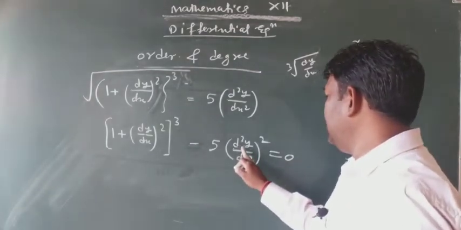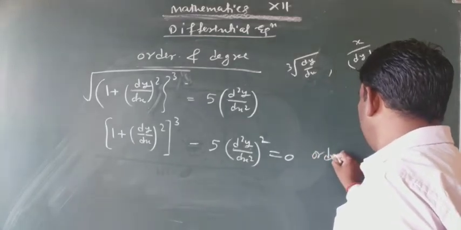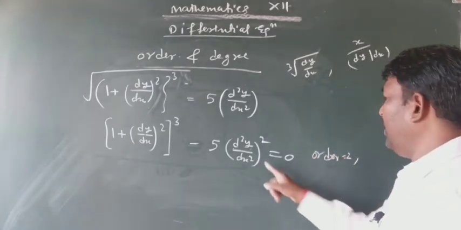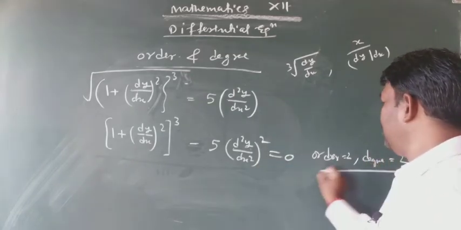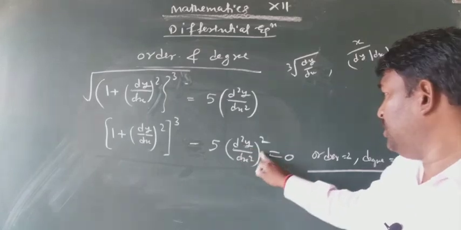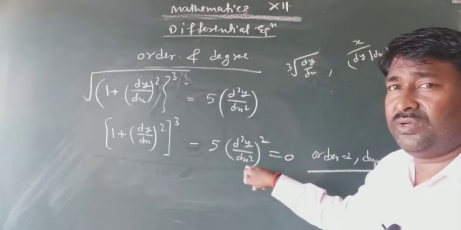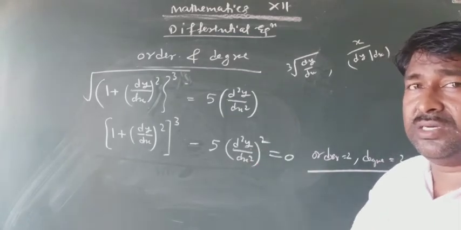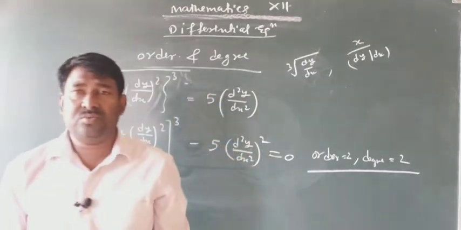So it is second order, which means its order is 2, while the degree will also be 2, since you have to see the power of that derivative which is deciding the order, that is, the power of the maximum order derivative.